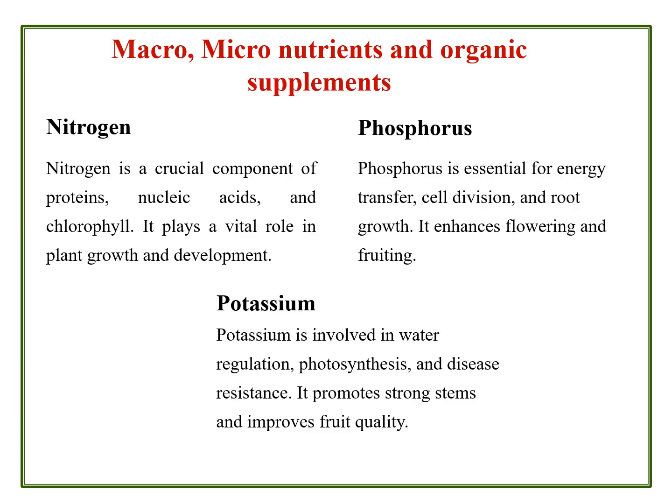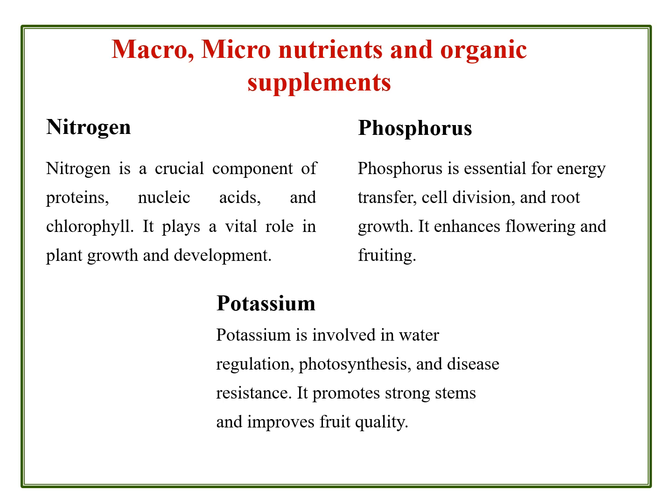Let us see what the macro, micronutrients and organic supplements are. Most probably NPK act as the basic elements required for establishing, formulating or designing the plant tissue culture medium. Those are nitrogen, phosphorus, potassium. Let us see first the nitrogen.